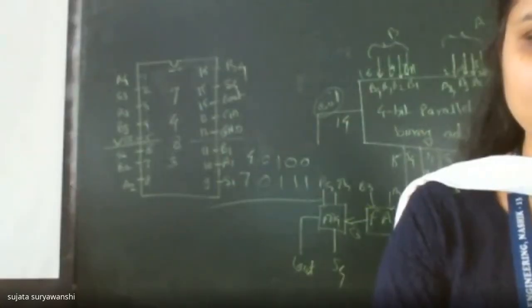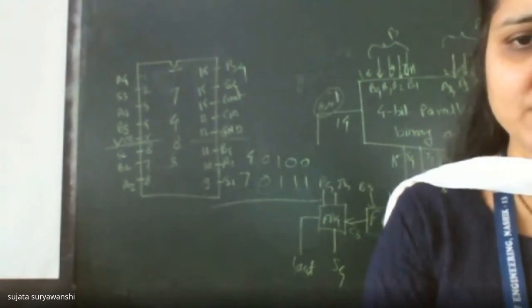Is Pranjal present? Not Pranjal, right? 28, present, ma'am. Shravani. Ma'am, 27 is present.